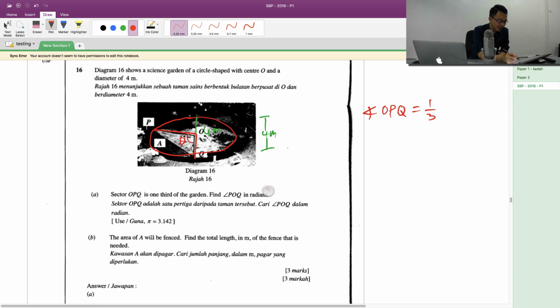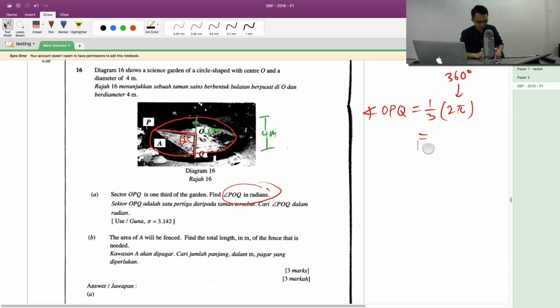The question asks you to find the angle POQ in radian. So 1/3 of the whole circle. A circle is 360 degrees, which in radian we call 2 pi. You can easily use the calculator: 1/3 multiplied by 2 pi, and you will get 2.094.